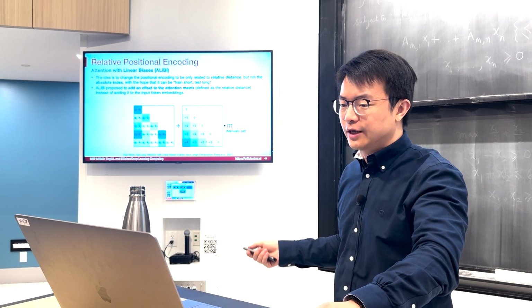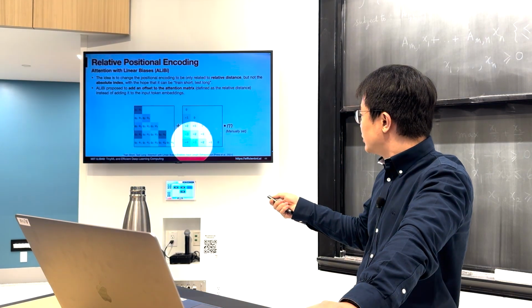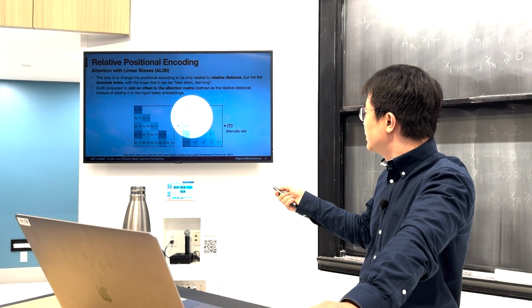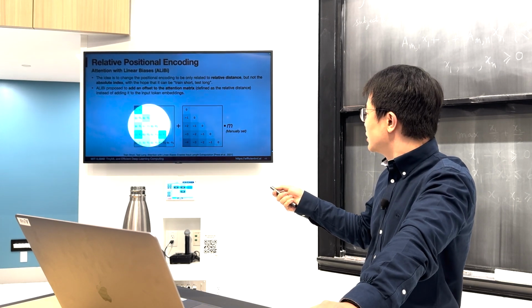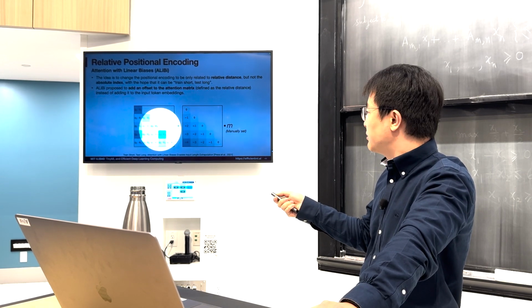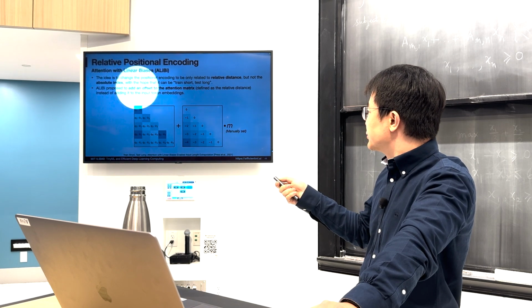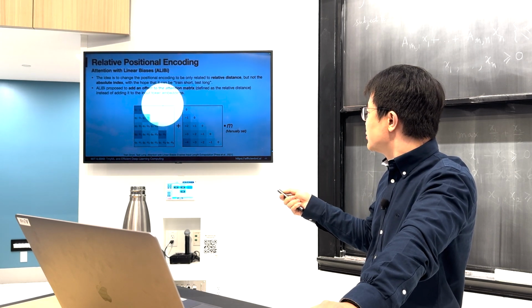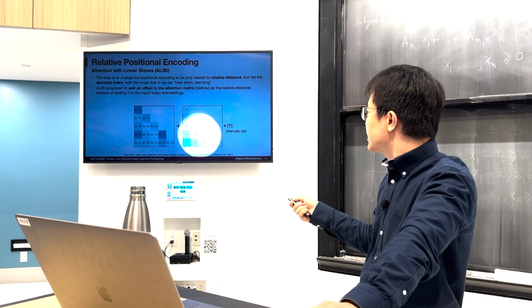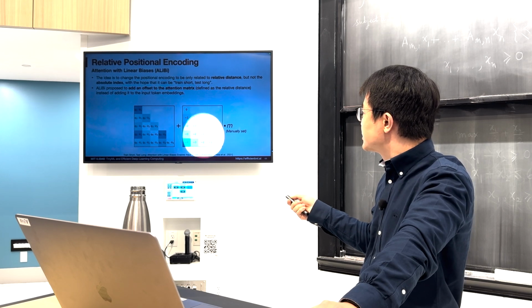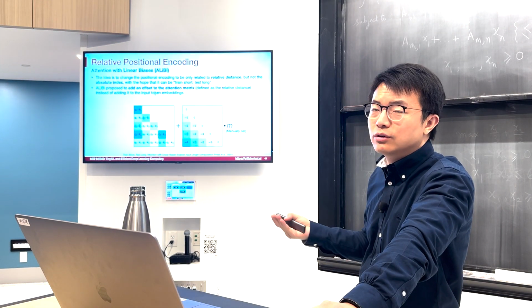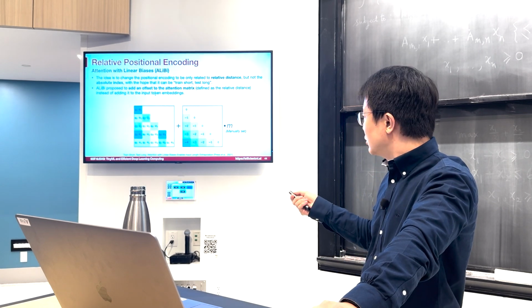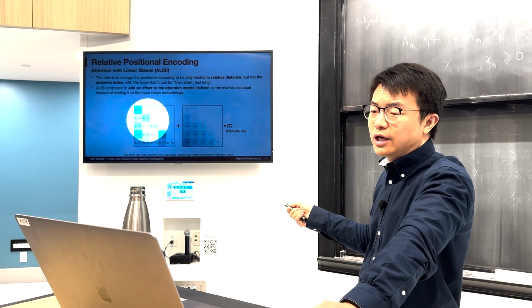So we have this extra attention map, which is the offset to the original attention map. To add this offset to the original matrix, we define this as the relative distance. Instead of adding it to the input token embedding, the input token embedding doesn't change, but only the attention map changes.